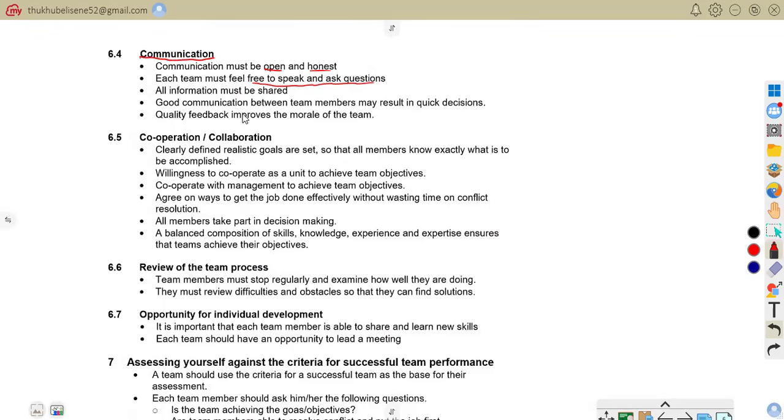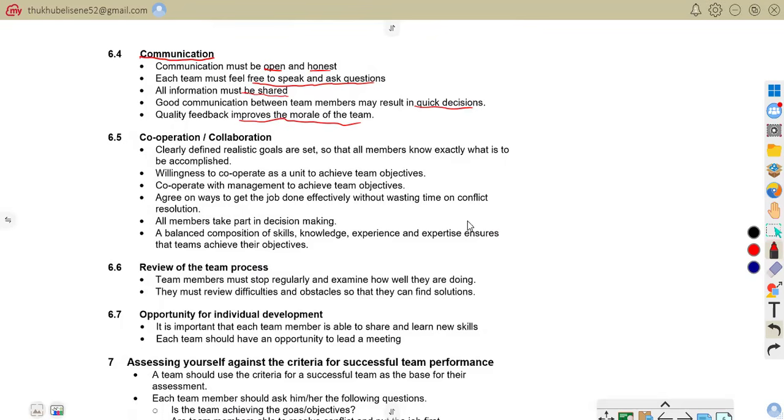All information must be shared. There is no information that should be hidden. Good communication between team members may result in quick decisions. Quality feedback improves the morale of the team.